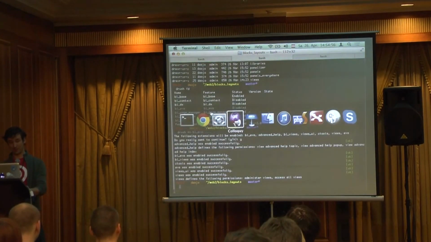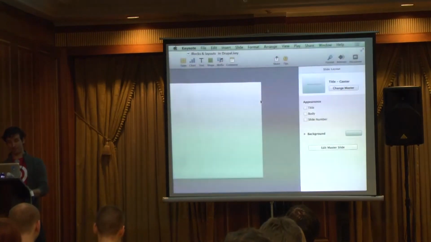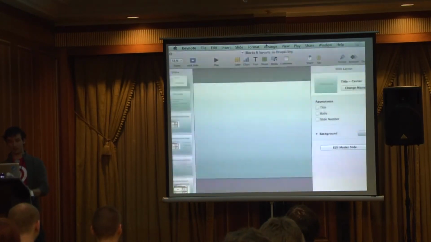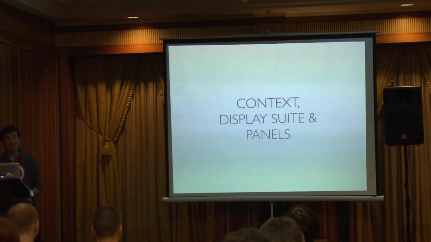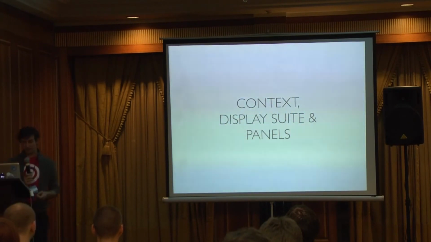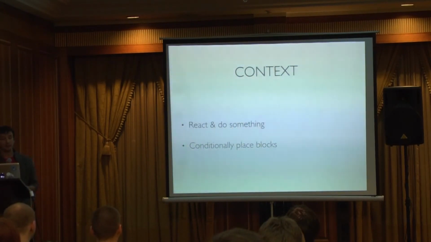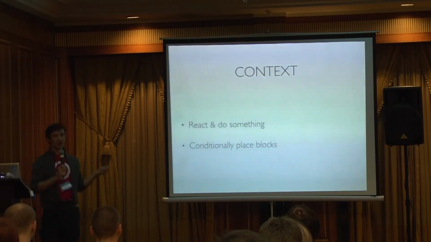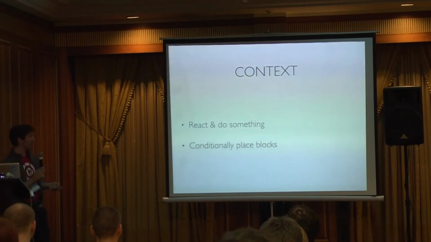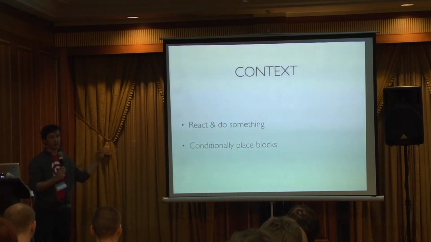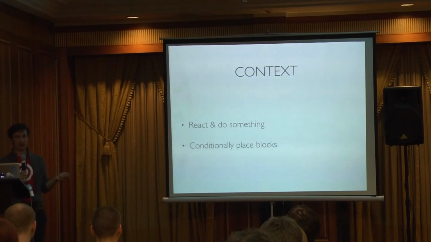But now let's go a little bit further. Talk about context, display suite, and panels modules. So what the context module does is it allows us to react on something, similarly to what the rules module does. And then one action that we can take in context is placing blocks.